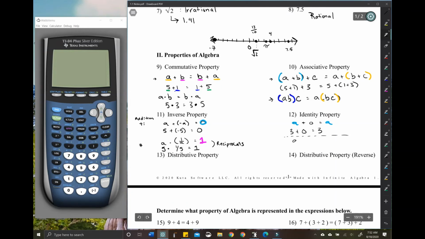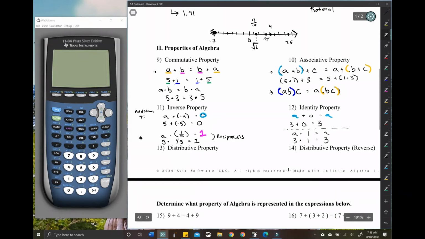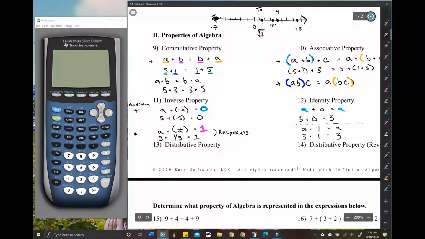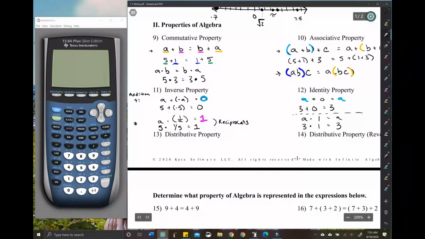So A times 1 equals A, or 3 times 1 equals 3. Okay? 0 and 1 are the additive and multiplicative identities.